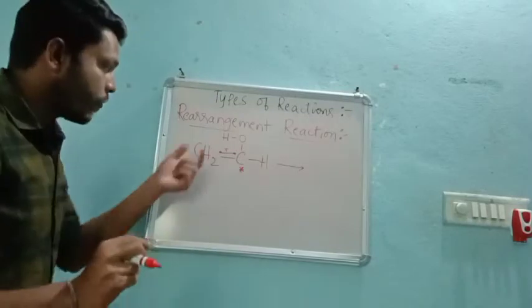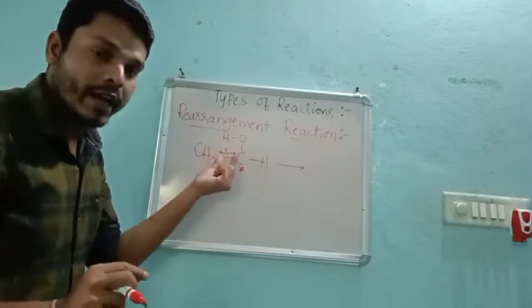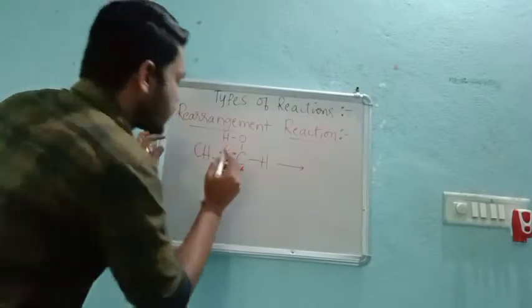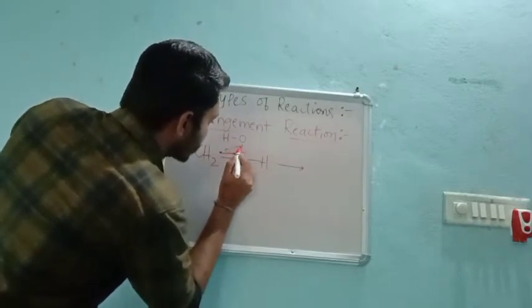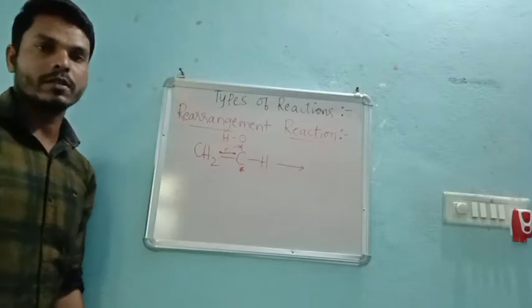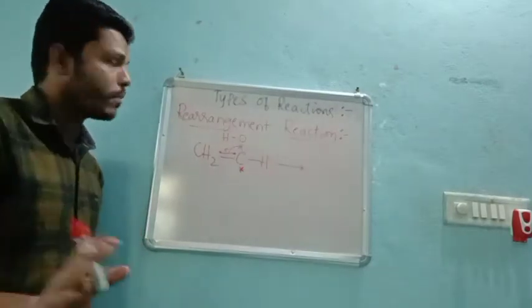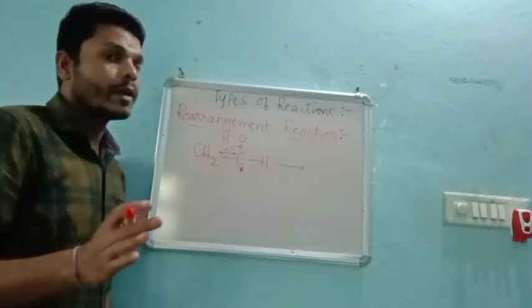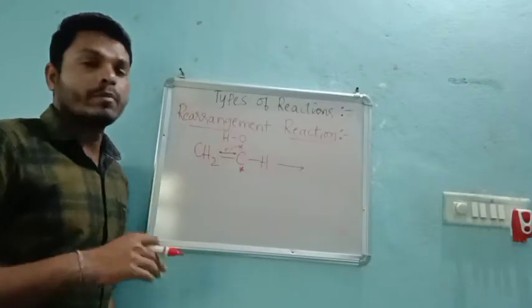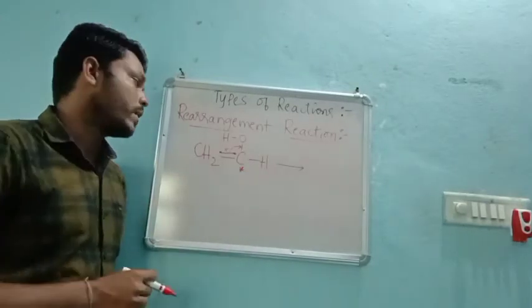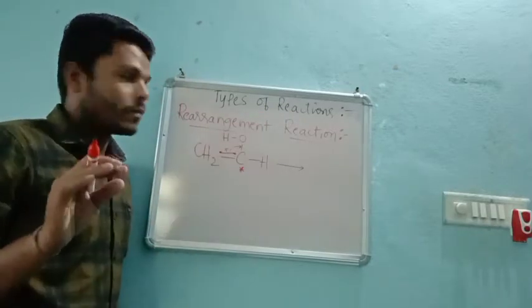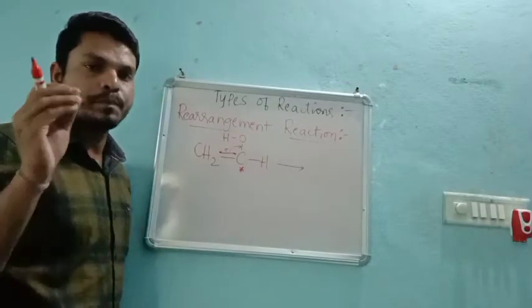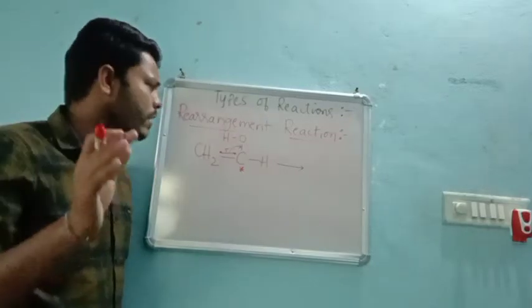So due to the freeness of these pi bonded electrons, this oxygen will attract these electrons towards itself. It is more complicated, but try to understand. When we come to the offline classes, then we will go through this rearrangement type of reactions again. So for now, you just try to have a glance over here.